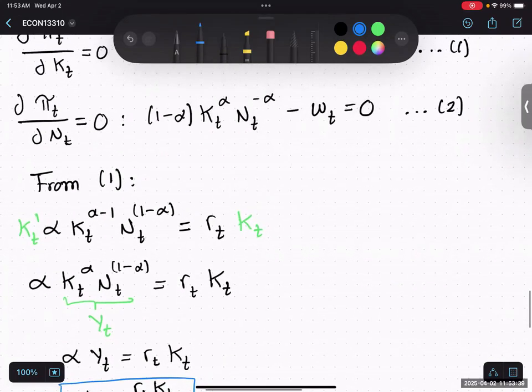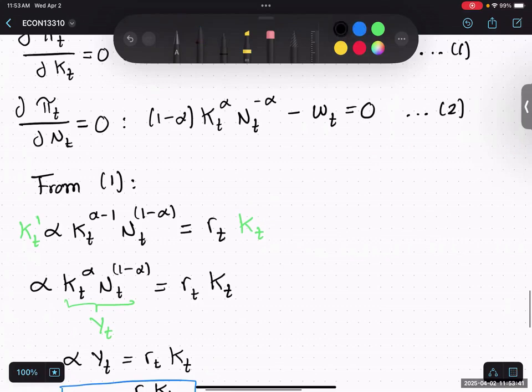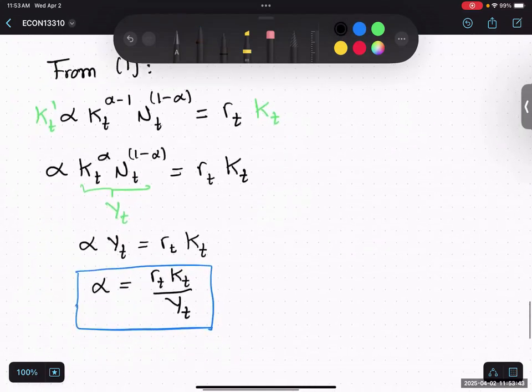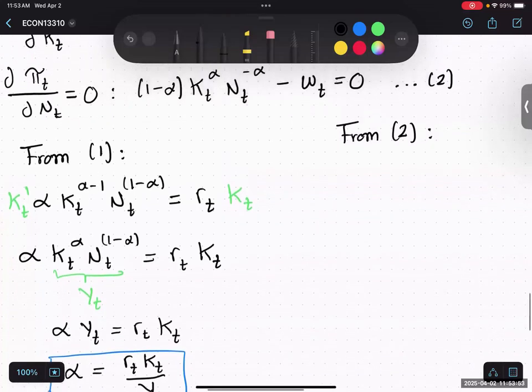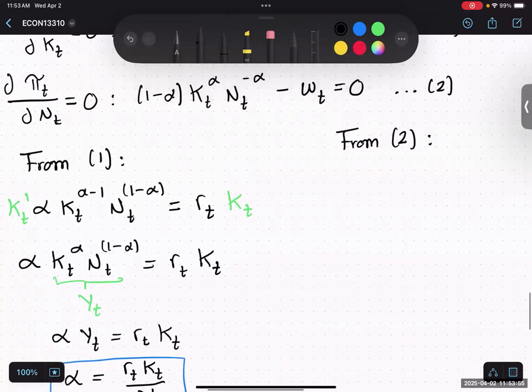Now, the case of 1 minus alpha is completely analogous. This time, from equation number 2, and I'm going to scroll up a little bit so you can see, the first order condition was 1 minus alpha, K_t to the alpha, N_t to the negative alpha, equal to W_t. So I added W_t on both sides of the equality.